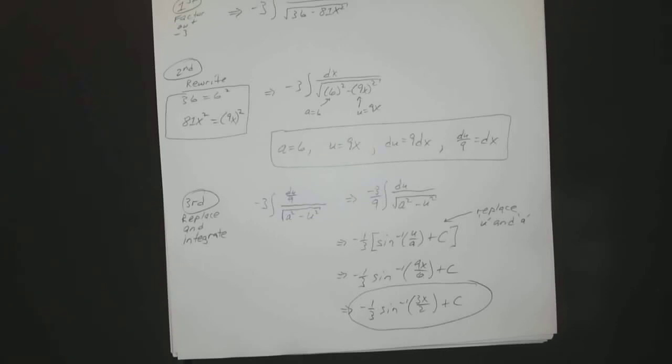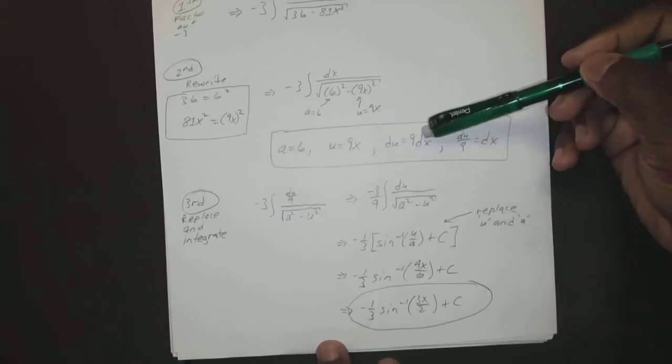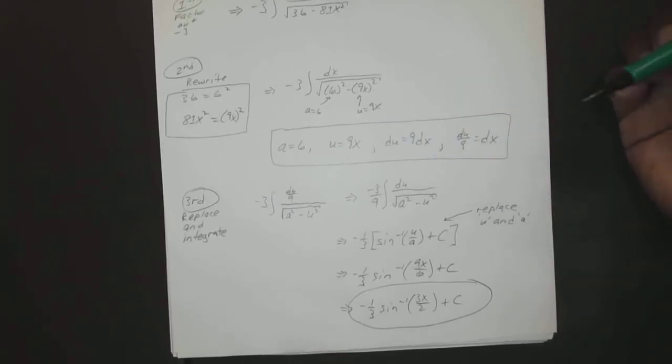Out of curiosity, how did you factor out the du? Oh, the du. Replace and integrate, I mean. When you integrated the du, wouldn't it be 1 over the square root of a squared minus u squared?